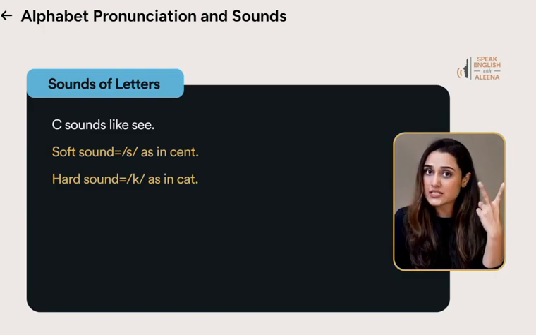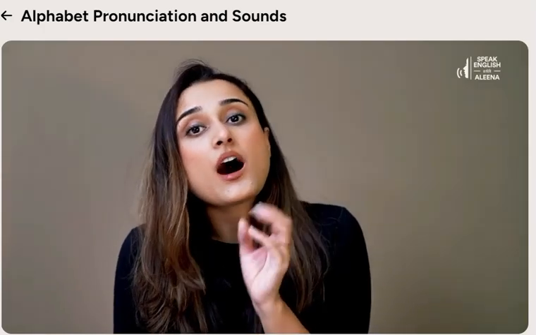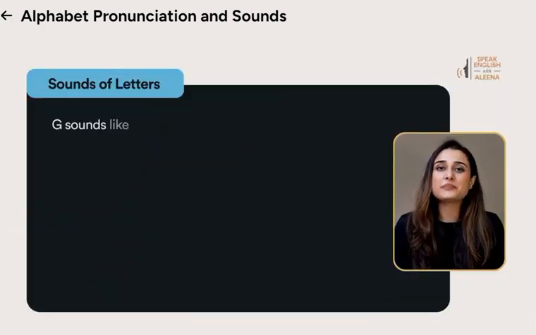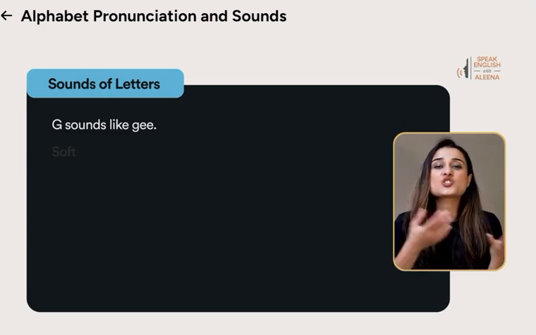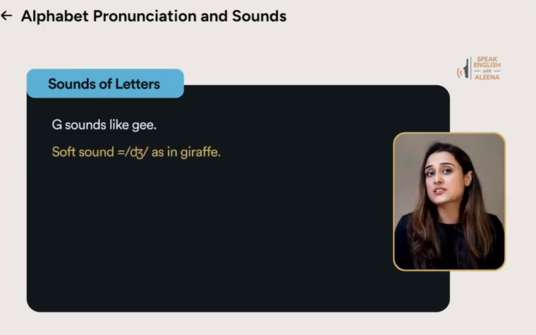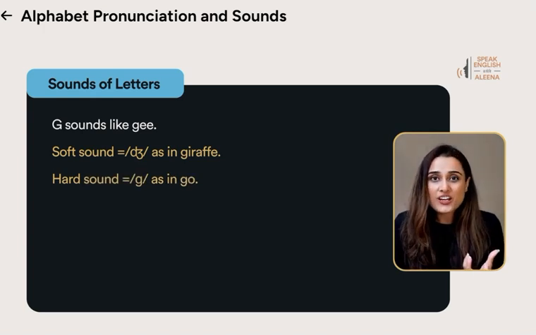It can be 'sir', it can be K, because it takes more stress on your throat to say the sound K. This is the hard sound of letter C. Let's take up another example of letter G. It has a soft sound as in giraffe, and letter G also has a hard sound G, as in go. That is the hard sound of letter G.